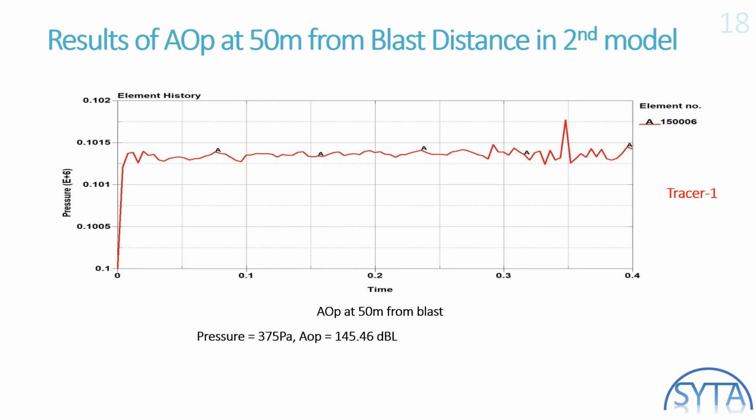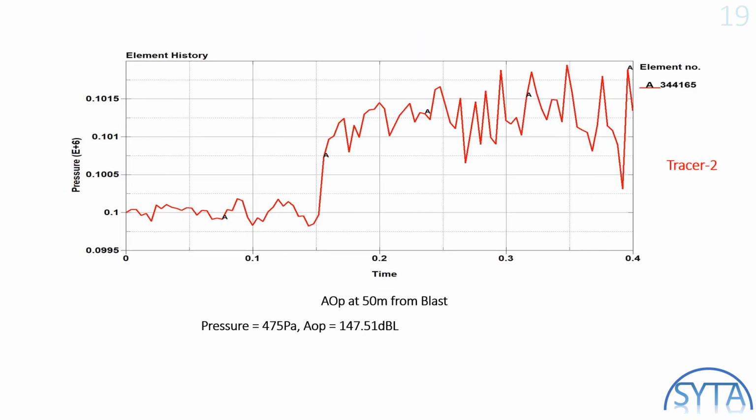This pressure put into the formula gives the air pressure for 50 meters in tracer point 1 as 145.46 decibel. Similarly, in model 2, tracer point 2, the pressure difference is 475 Pascal, and according to this pressure, we have got the air pressure 147.51 decibel at 50 meters from the blast.